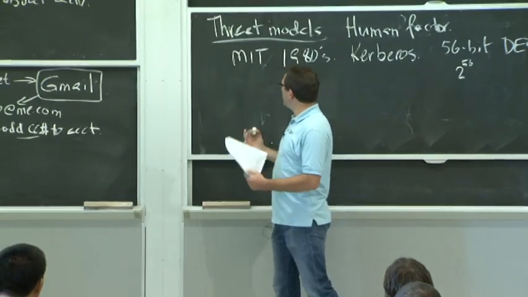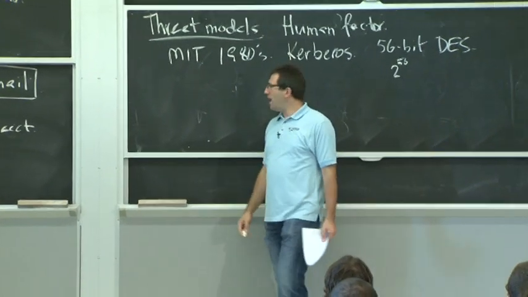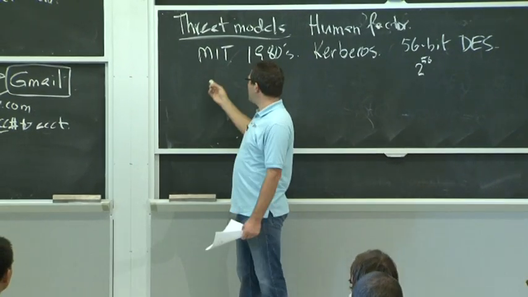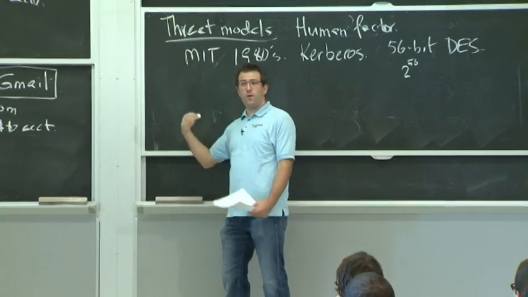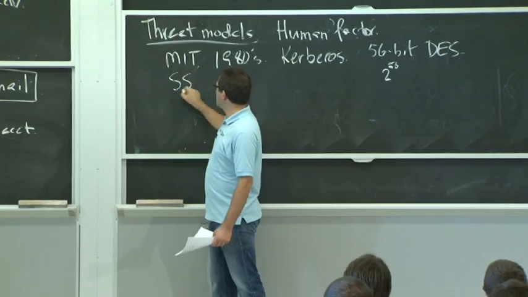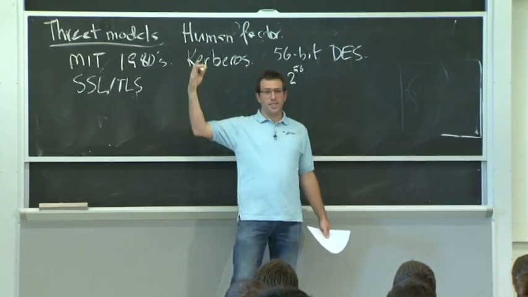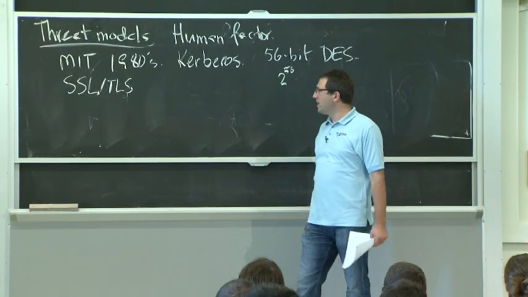Another example of a bad threat model shows up in the way secure websites these days check certificates of a website that you're connecting to. In the SSL protocol, or TLS, when you connect to a website and it says HTTPS, we'll talk much more about this in later lectures.